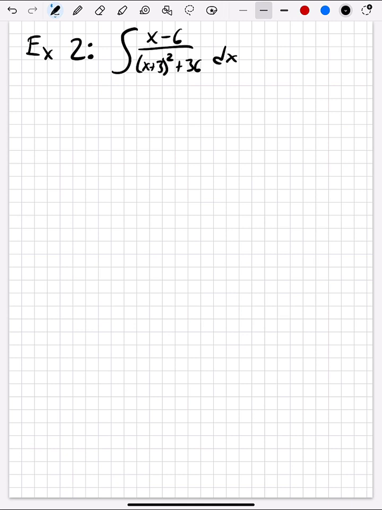But when I take the derivative of my u, I need to make sure that it replaces something in the numerator. So I can rewrite this numerator. Let's go ahead and do the u part. So let's say I have (x plus 3) quantity squared plus 36.